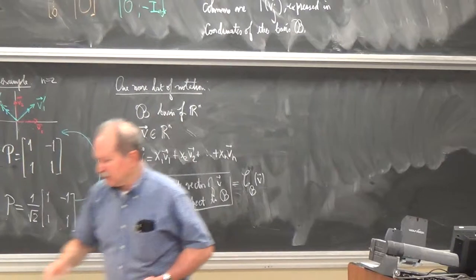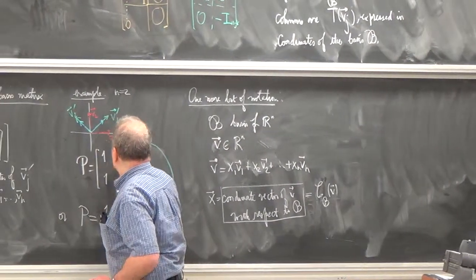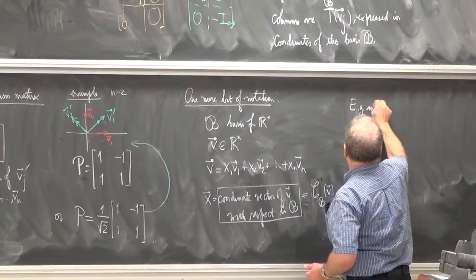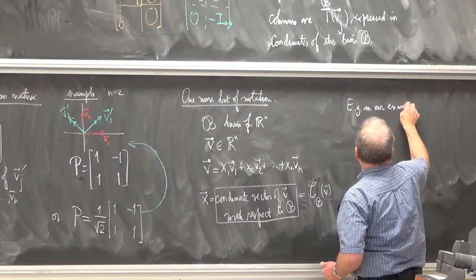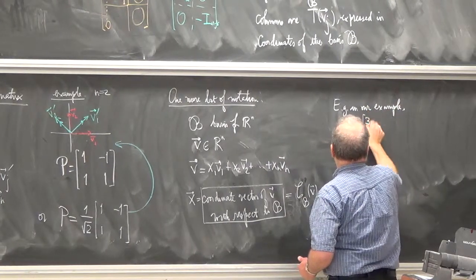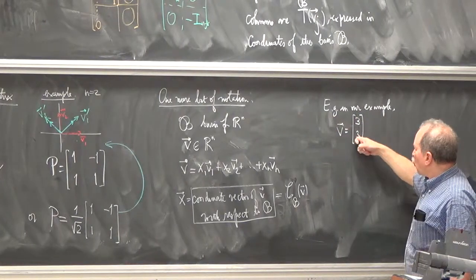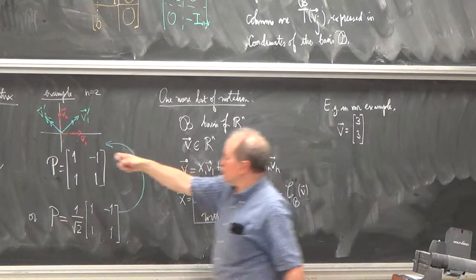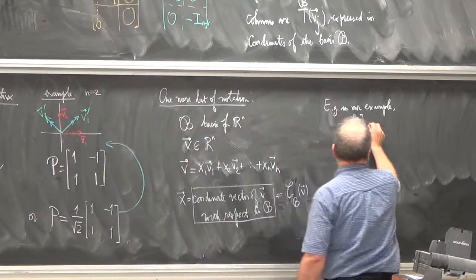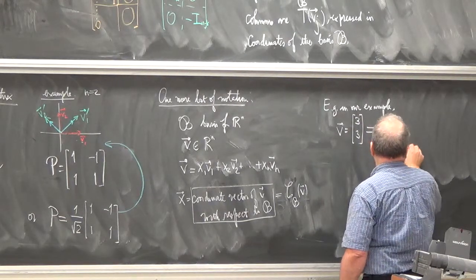So for example, in our example, suppose I took the vector V to be 3, 3. Well, that's the coordinates in the standard original basis. So this would be my coordinate vector in the standard basis.